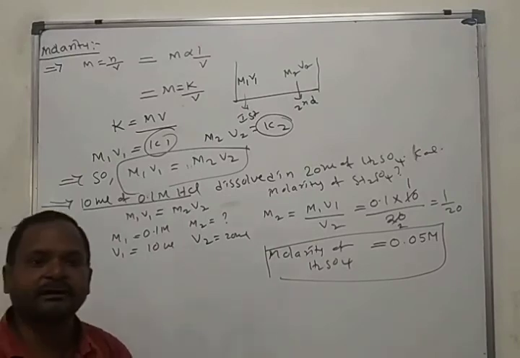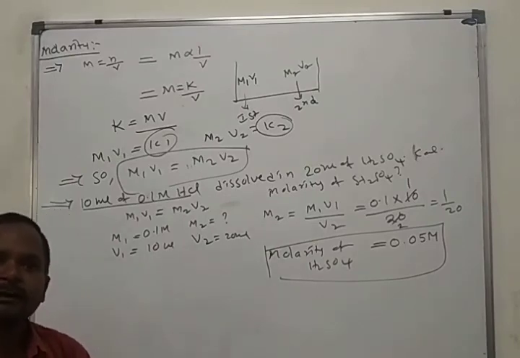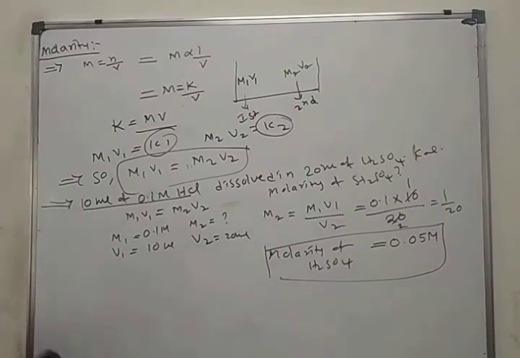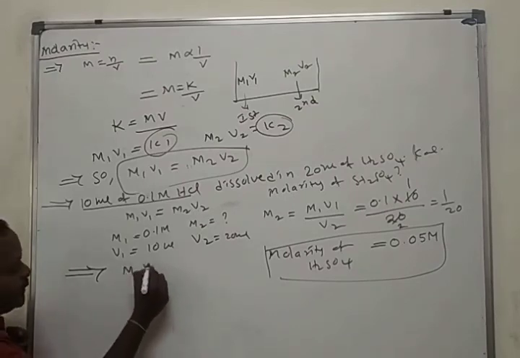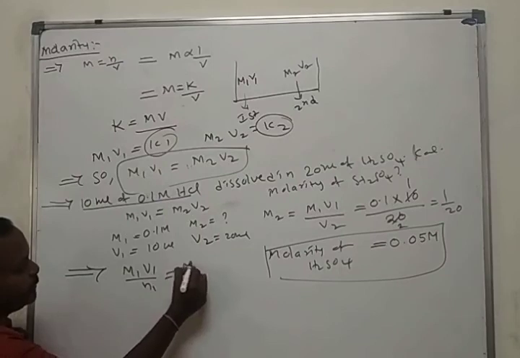There is also the neutralization reaction for molarity. That is for NEET level or another level, and in the practical exam we also have that one. I will just give you one principle: N1 M1 V1 by n1 is equal to M2 V2 by n2.